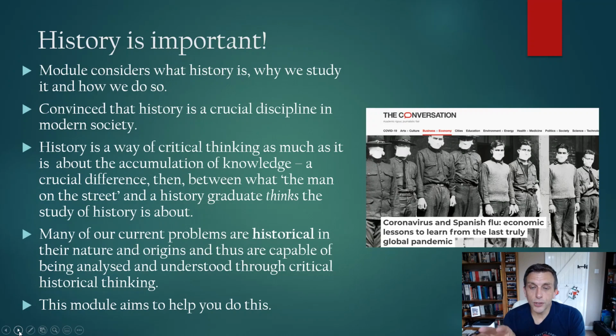So I think there's a crucial difference between what the man or woman in the street thinks history is, and what a history graduate, hopefully an undergraduate becoming a history graduate, understands history to be about. I think for your ordinary man or woman, they see history as an accumulation of facts, of information and details about a particular thing that happened in the past, whether that's the American Civil War, the Viking invasions, or whatever it might be.